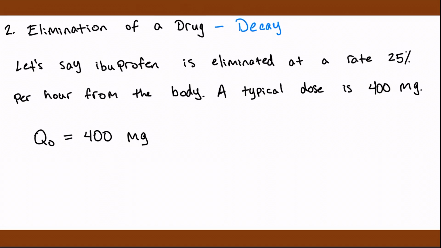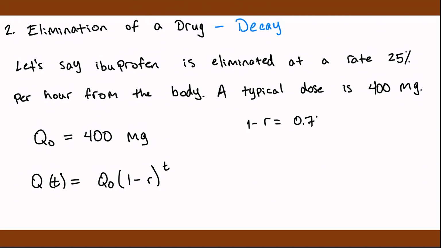And so we can say that in general, Q of t, or the amount at any time t, is Q naught times 1 minus the rate, to the t power. The rate here is 25%, so 1 minus r is 0.75. And our final answer here is 400 times 0.75 to the t power.